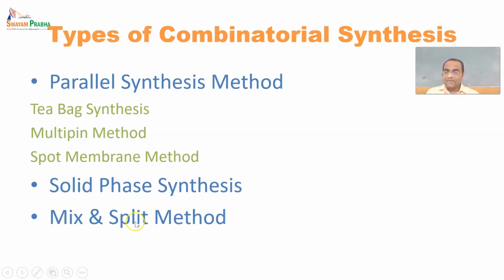Mixing and splitting are done in this method, and after mixing, splitting is done again, then mixing again. It continues till our library has been developed. So these are the three methods of combinatorial synthesis: parallel synthesis method, solid phase synthesis method, and mix and split method. We'll see them one by one.